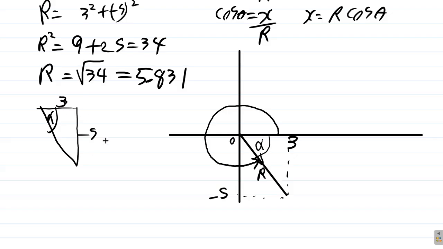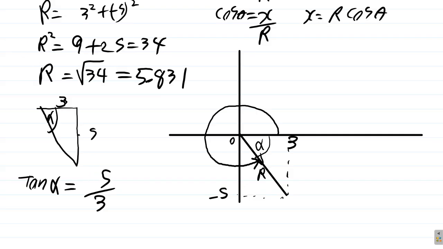So you have alpha, the opposite is -5, the adjacent is 3. So tan alpha is opposite, -5, over adjacent 3. Now, I said negative, but let's treat these numbers as positive to get alpha, then we will deal with the negative signs later.